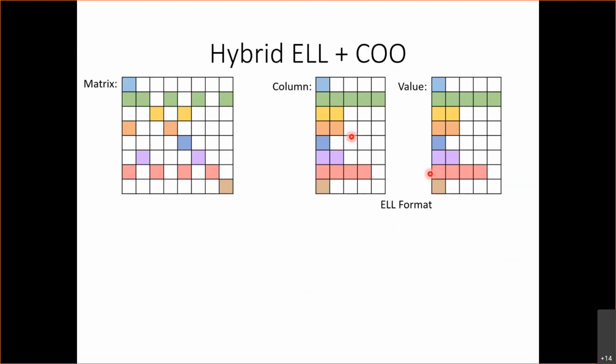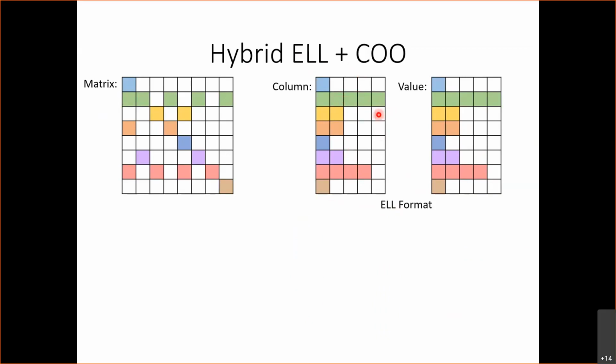Now, what we can do to overcome this problem is, rather than using ELL, use a hybrid between ELL and COO. We can find some number where most of these rows are below that number and use that as the width of our ELL representation. For the rows that exceed that number, we can put the remaining non-zeros in COO.